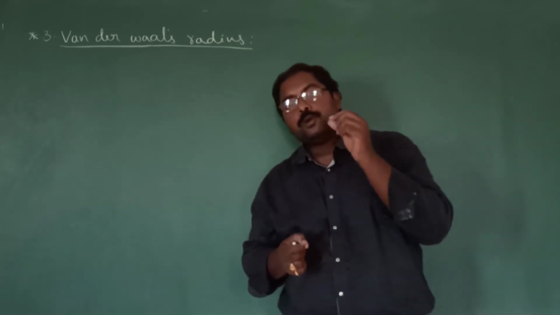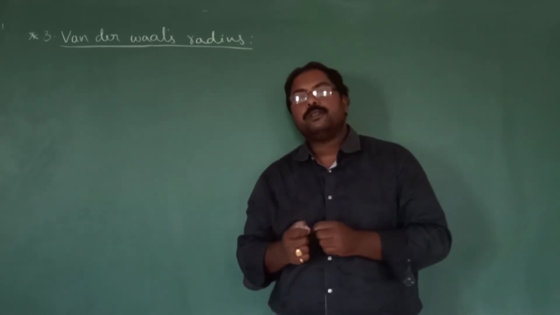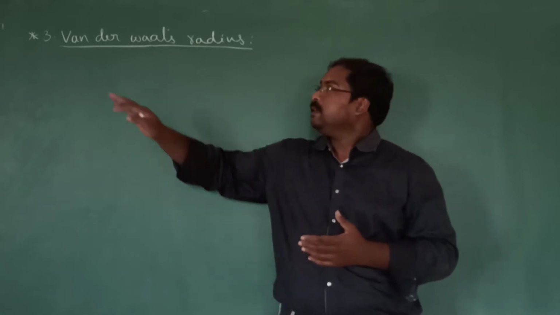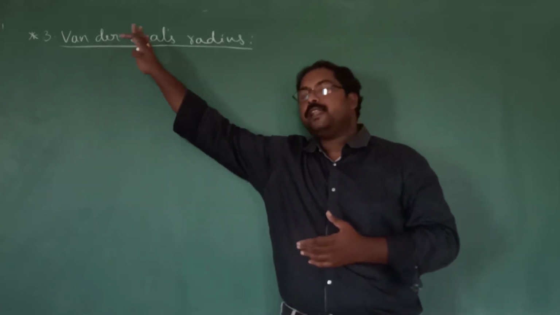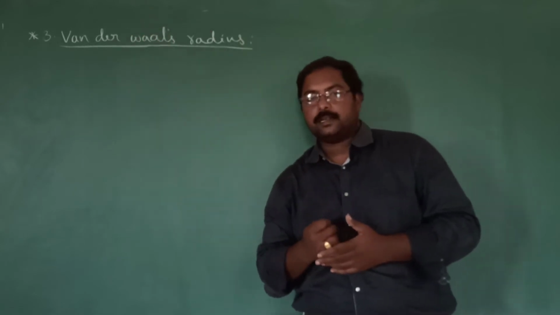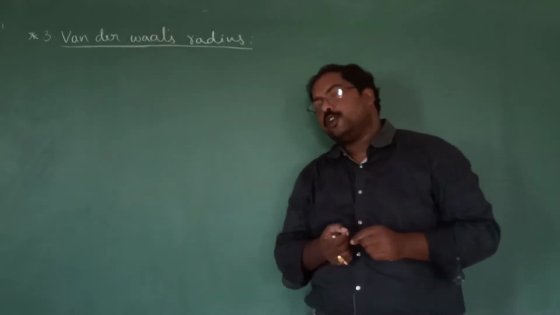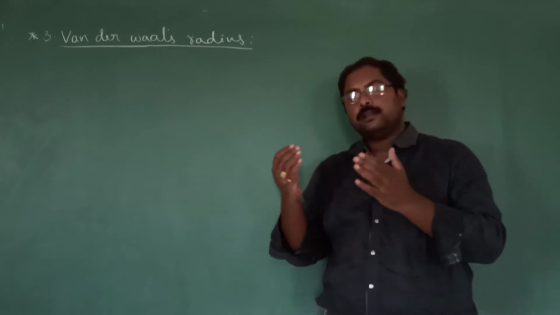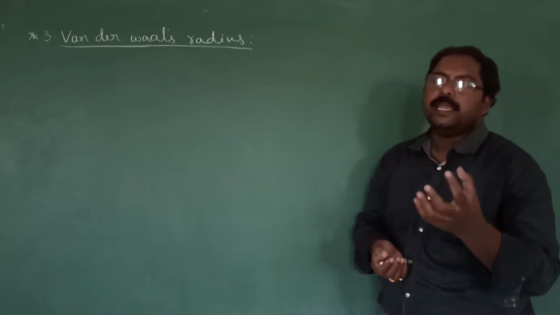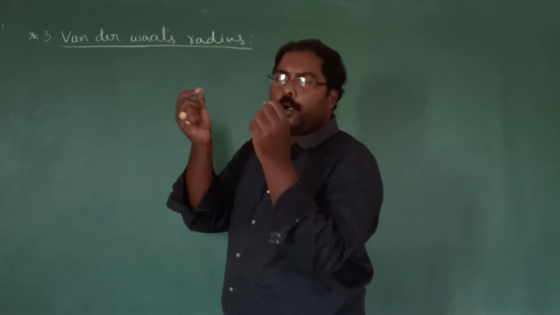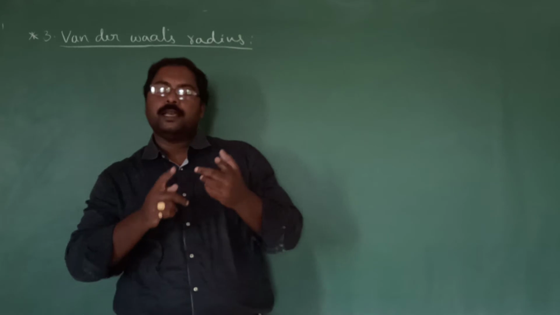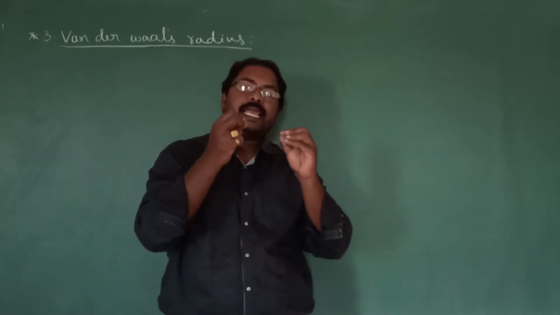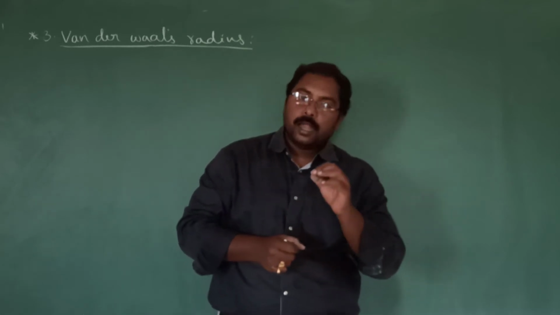Between neutrally charged species also there will be some very weak attractions, usually known as van der Waals forces of attraction. Mainly coming to the noble gases, we know there won't be bonds between noble gases. If you take helium gas, there won't be any bond between two helium atoms. There won't be a covalent bond, there won't be an ionic bond. They will be present as individual atoms.